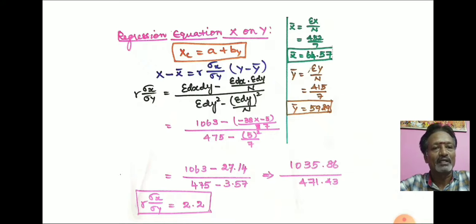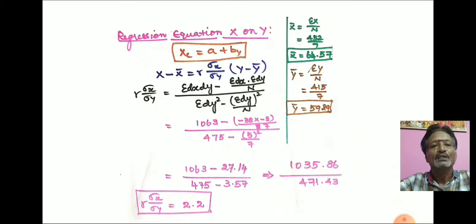This is the formula for calculating correlation. At the time of calculating regression equations, the numerator value of correlation you take as it is, and in the denominator you need not put the root value. Simply, x on y means you take the y variable, y on x means you take the x variable.